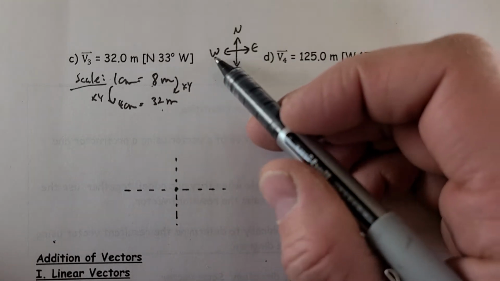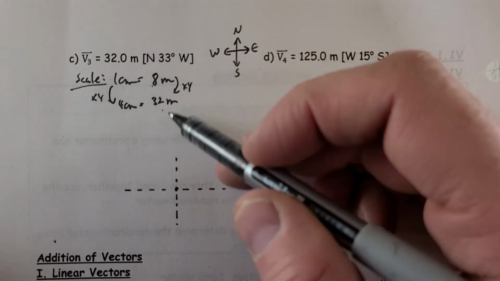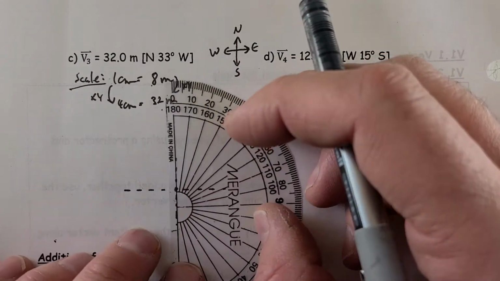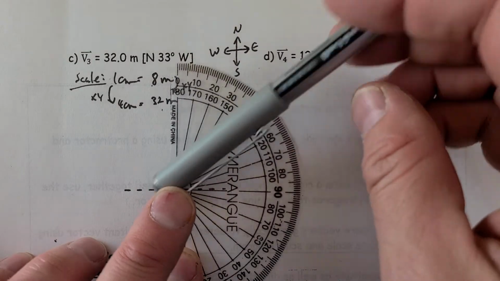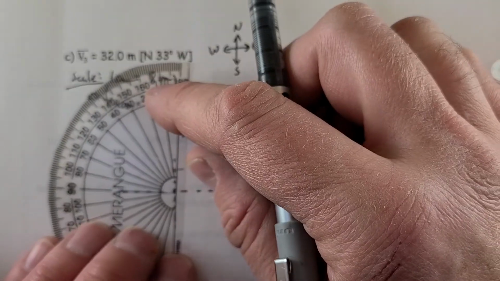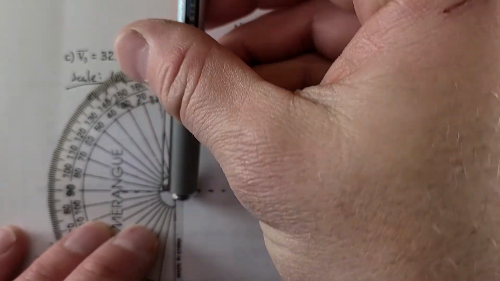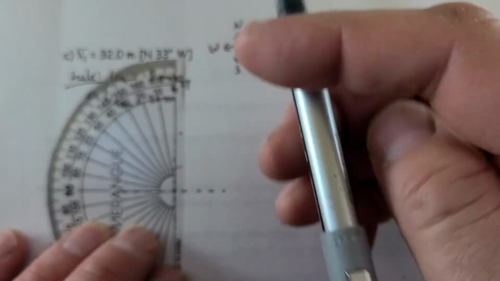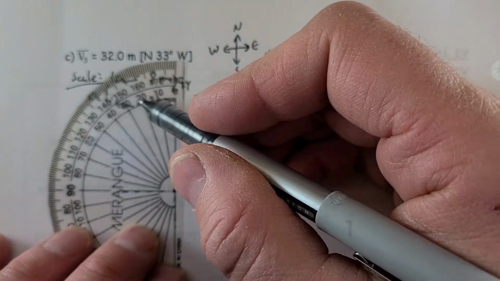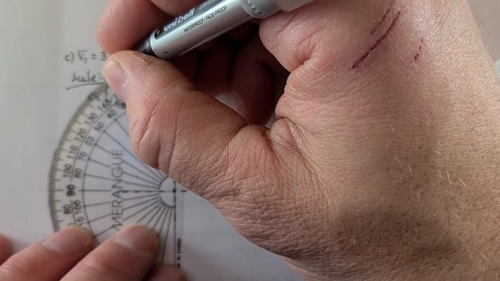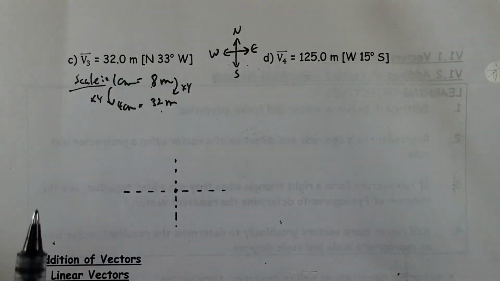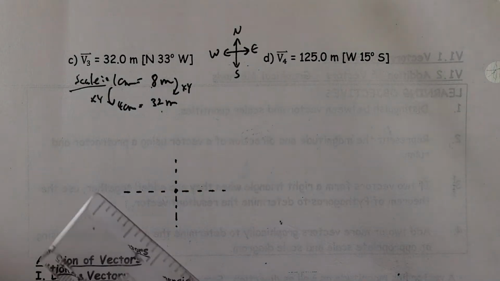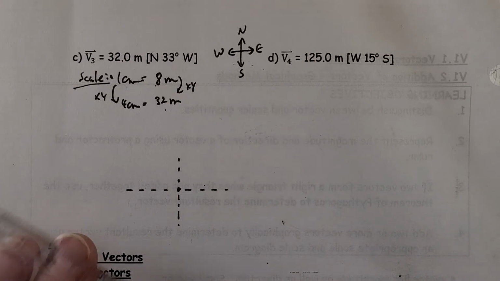So north, then go west. Here's a 0 scale, and it'd be good if I was going east, but I want to go west. So I orient my protractor like this, and I'm going west. So 0, 10, 20, 30. I'm going to end up going through my scale a little bit, but that's okay. So there's my dot right over there. And I'm going to make this 4 centimeters.